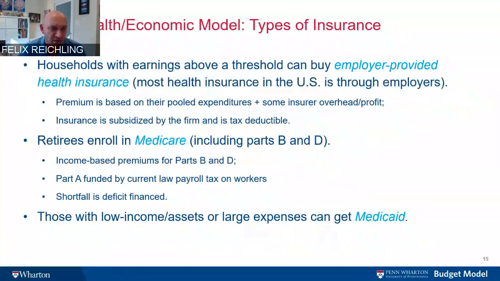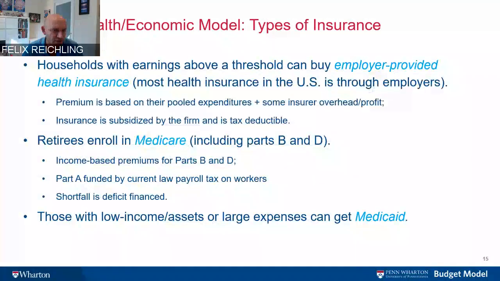In our model, there are different types of insurance that we model. Households with earnings above a threshold can buy employer-provided health insurance. Roughly 56% of the population in 2019 were covered by employer-provided health insurance.